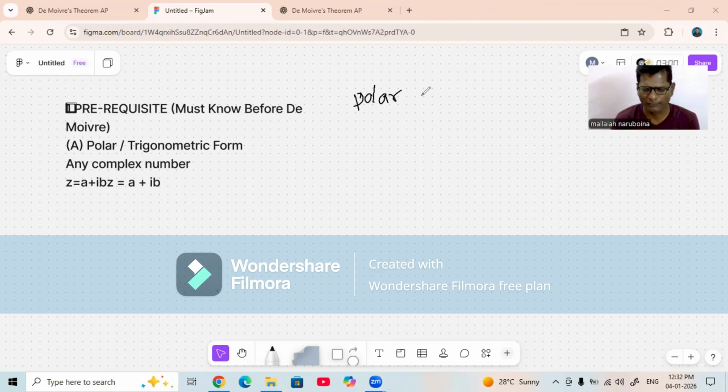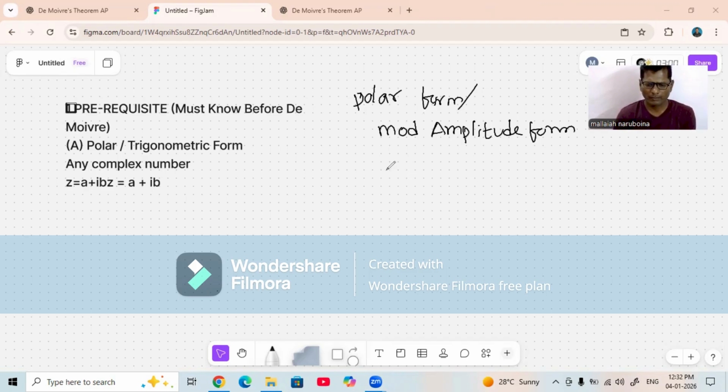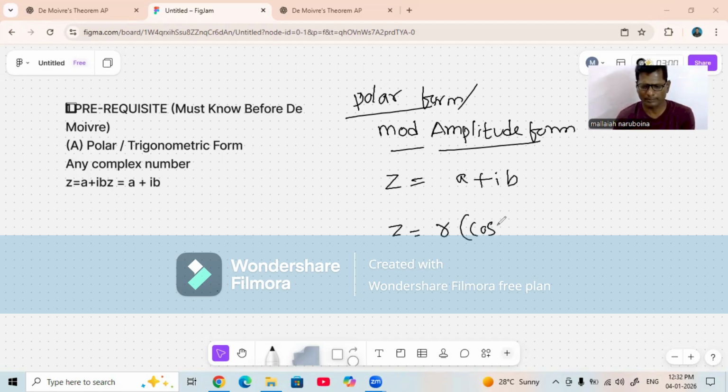To solve questions on MOIVRE'S theorem, we must know polar form. Polar form of a complex number, or we call it mod amplitude form. For any complex number z = a + ib, the polar form or mod amplitude form is z = r(cos theta + i sin theta).